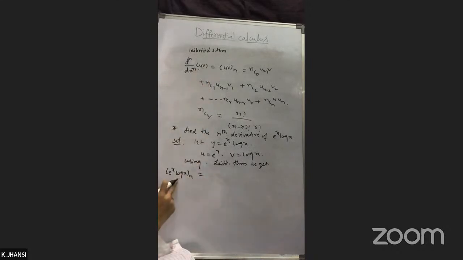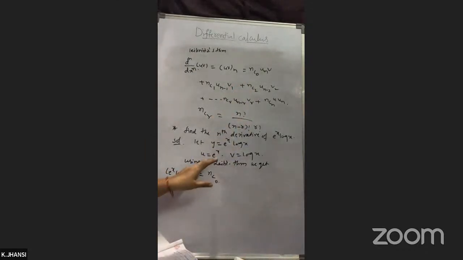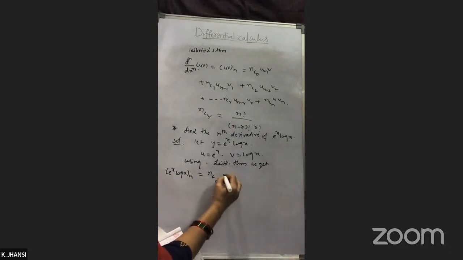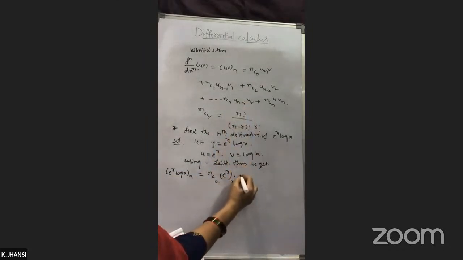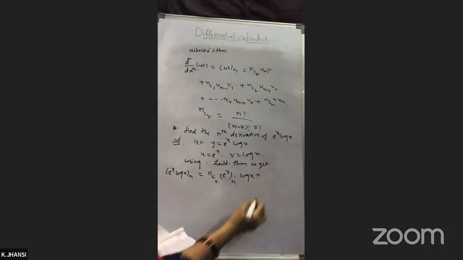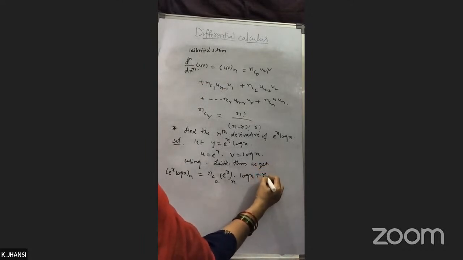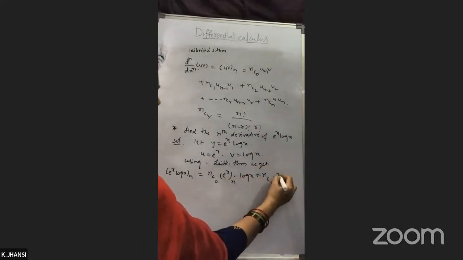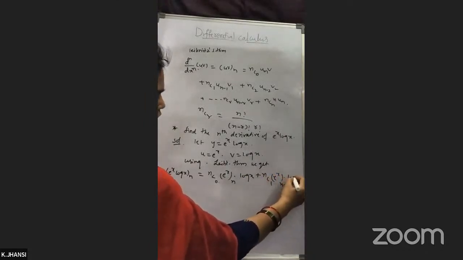here we have the formula. (uv) of n is equal to nC0 u to the power of n. So what is our u here? e power x of n into what is v? v is log x, expanded with the help of the Leibniz theorem. Okay, next nC1 e power x of n minus 1, into log x of 1.